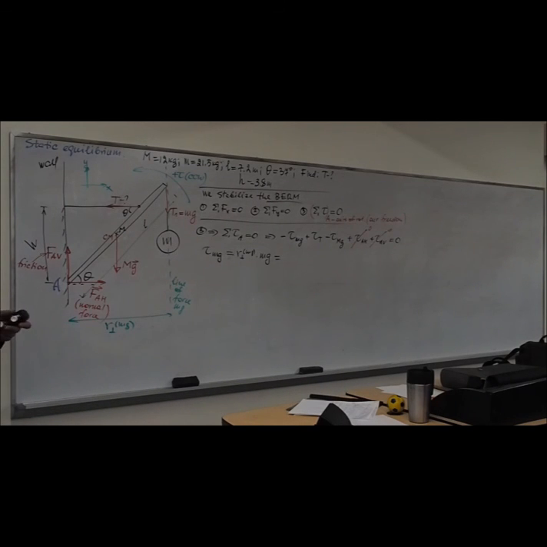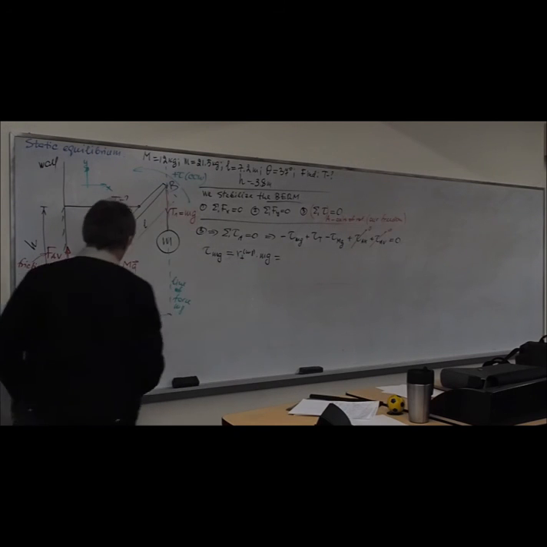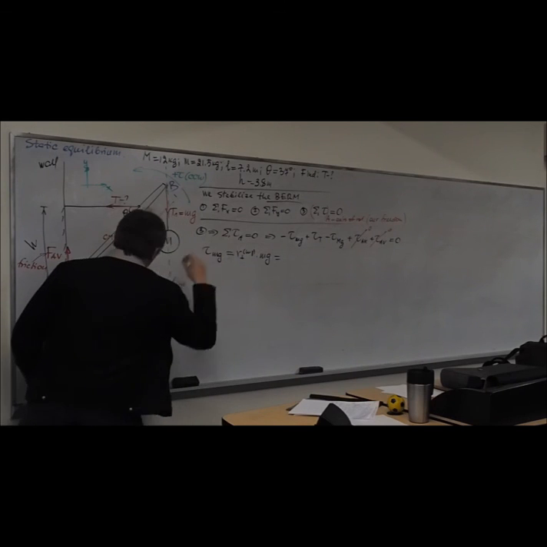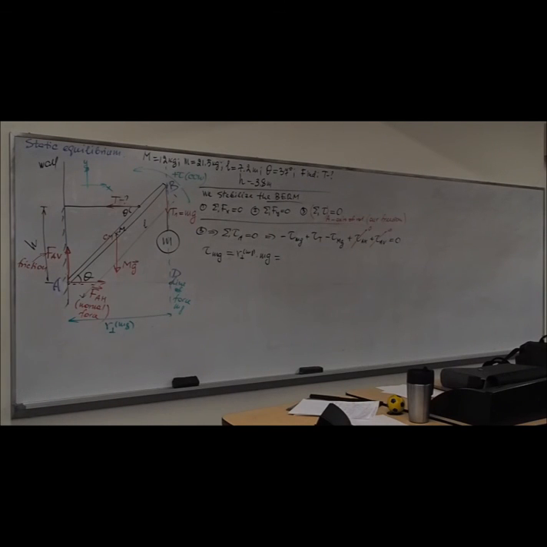Let me label points so that it will be easier for you. Let me label this point as B, this point as A, B, C, D. C I want to preserve for center of mass.